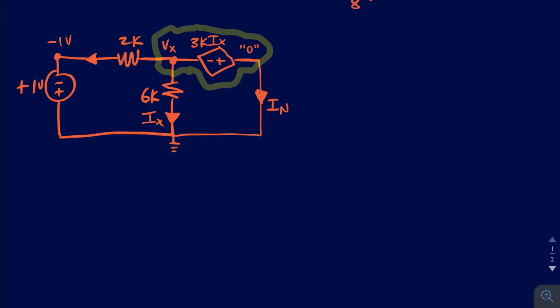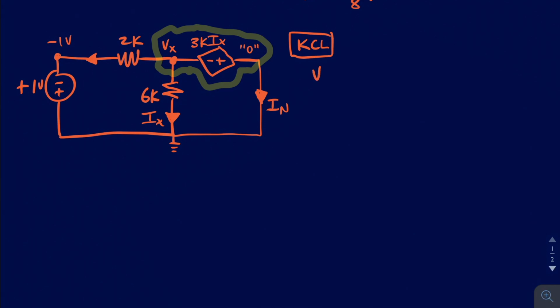So the next step is going to be to find I Norton. And to find I Norton, the easiest step, especially with Thevenin circuits like this, is to just do a KCL. Many times when you do I Norton, you can connect I Norton down to ground, as you can see here on the right side, and that usually simplifies your analysis a little bit. So we're just going to write a KCL out.